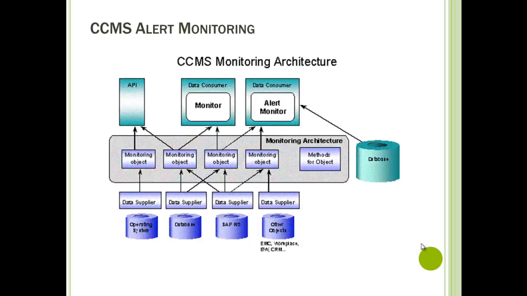Okay, let's see what the architecture of the CCMS monitoring tool is. In this diagram you can see the CCMS monitoring architecture. We have data collectors which are available in all SAP standard products on the ABAP side, and also data collectors for different data sources. For example, let's say we have an operating system.